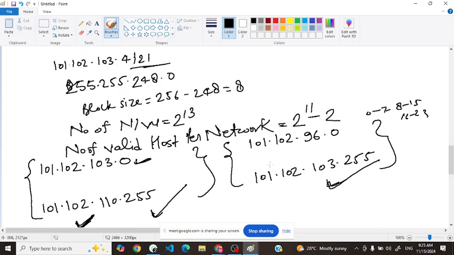It will come under 96.0. You will have to consider that this IP address will come under this network. Otherwise, if there is no condition, then this answer is correct.